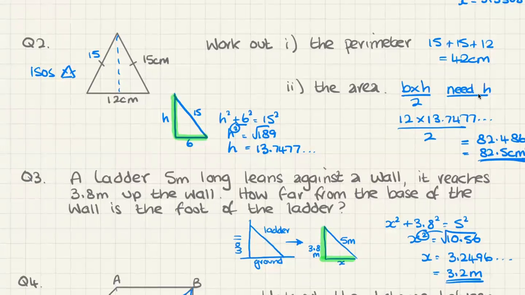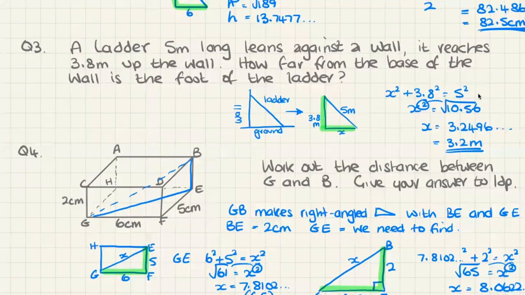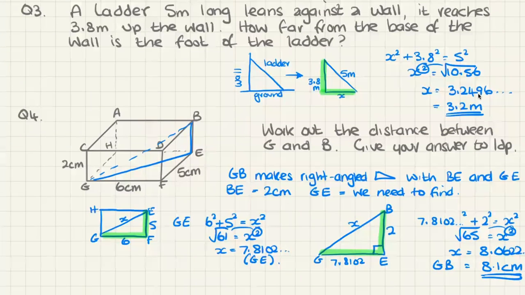Instead of giving them a diagram, we'll put something in a sentence instead. And then this last one is extra hard. Now, I would say on this one, it's very unusual to see something this hard on a foundation paper. It is part of our curriculum, so it is part of what we learn at that level. However, very, very rare. So if you struggled with that a little bit, don't worry about it.